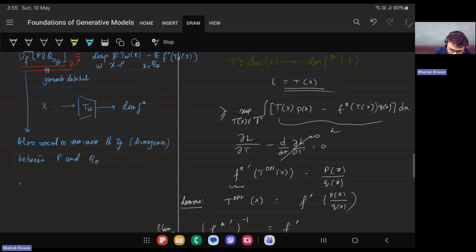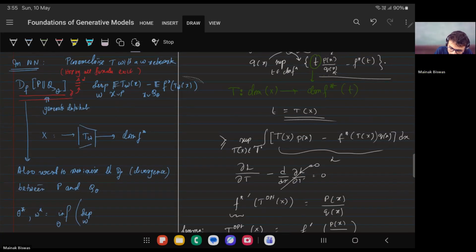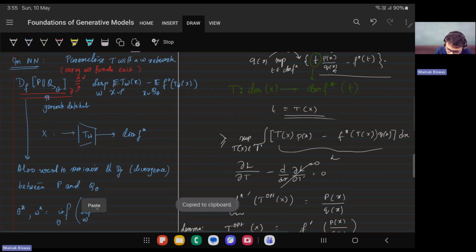So therefore, the theta star and the w star will be the infimum over theta, or the minimum over theta, of the DKL divergence, supremum over w, and we have this entire equation, which I'll just copy, since it is time consuming to write and retype. Copied, and now I'll paste it.